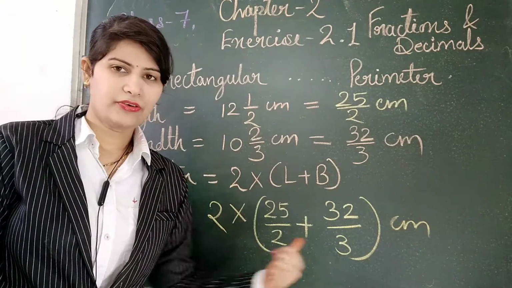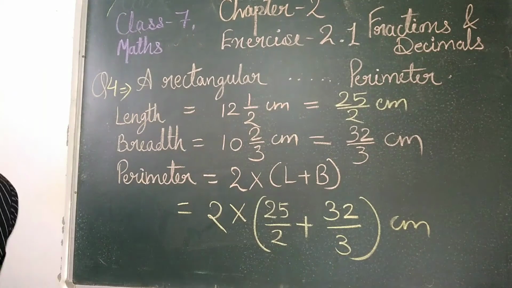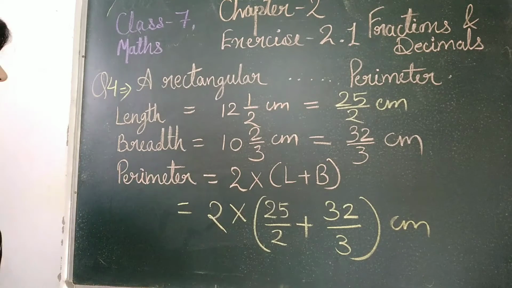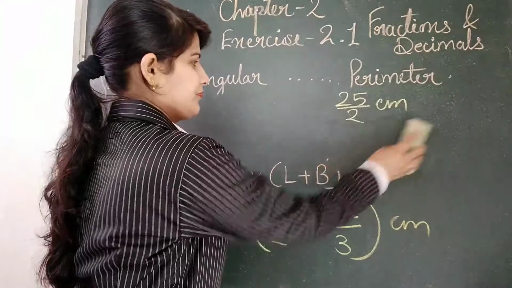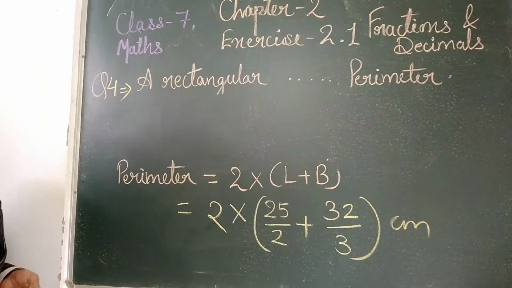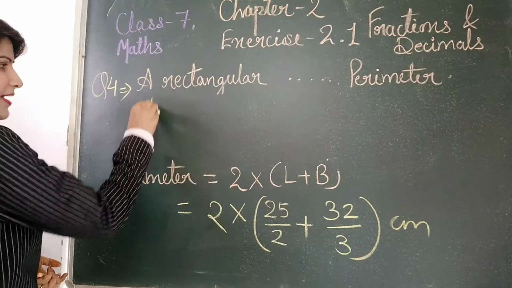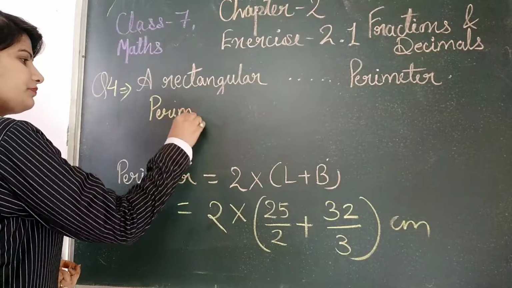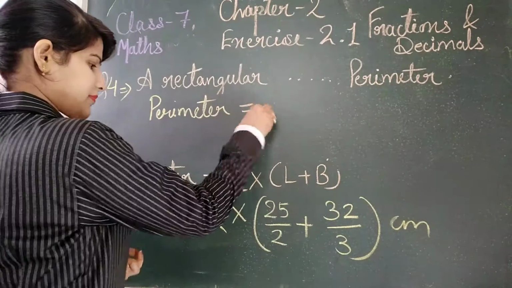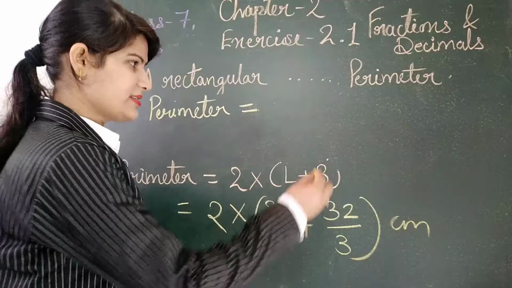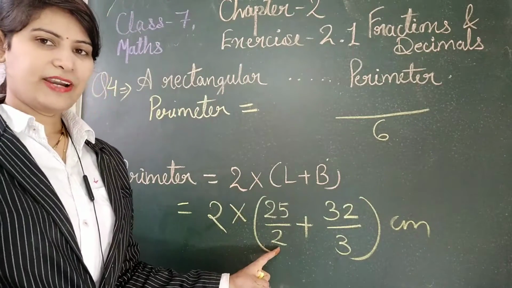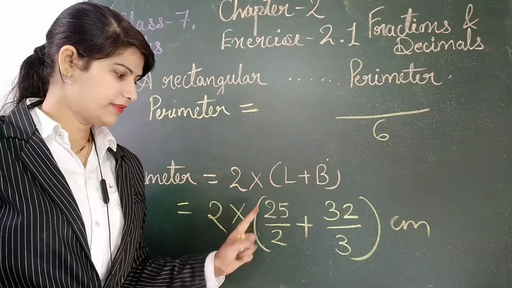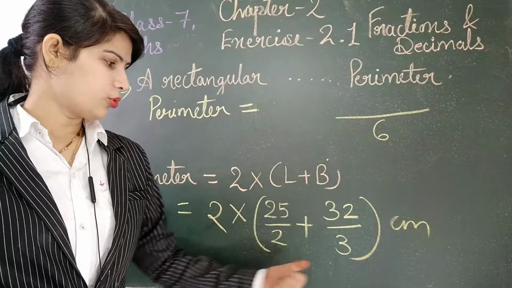2 and 3. How can you solve 2 and 3? By taking LCM. Now I am going to rub this statement and solve here. Okay. So perimeter is equal to 2 3 LCM is 6. 6 divided by 2 you will get, otherwise cross multiplication because both are different.